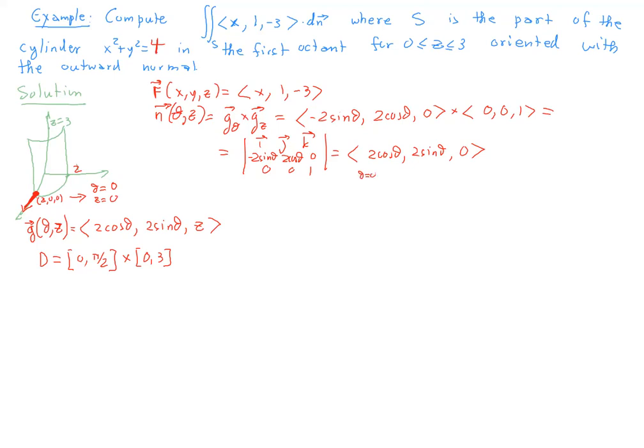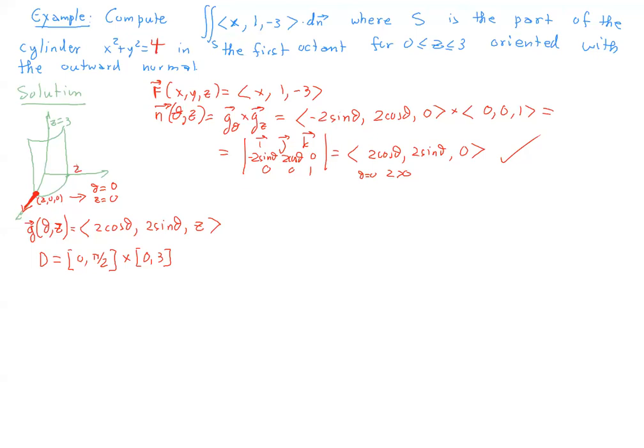I'm specializing the normal vector that I got to the specific point to see if it gives me the right vector. If it gives me the right vector for that specific point, because of the continuity of the choice of normal vectors, it's going to be the correct normal vector everywhere. And of course, if theta is 0, what I get here is 2, which is positive. It certainly points in the right direction that I had in the very beginning, so this is the correct normal vector.